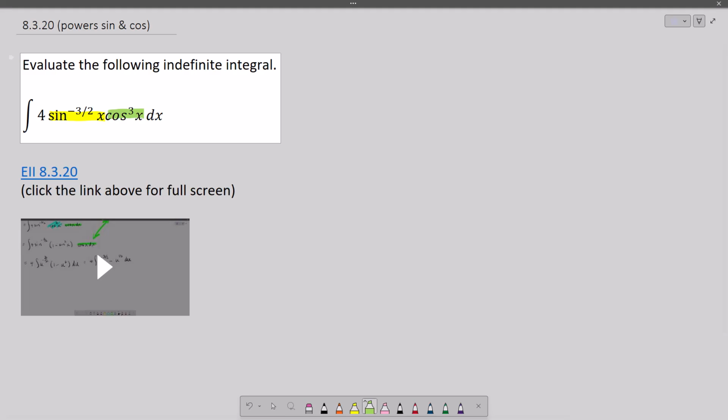The power on cosine here is odd, so we're going to pull one off and convert the leftovers. The 4 can come out to the front. We're going to leave sine to the negative 3/2 alone.